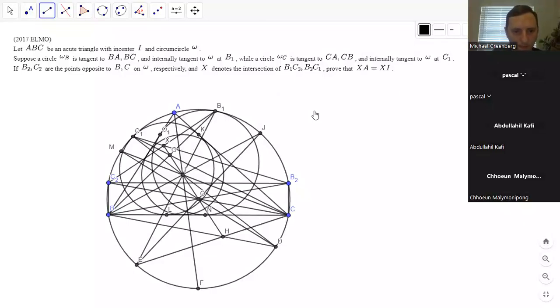So we have C1, C2B, and then B1, B2C. This would imply X, O, and G. So we can show X, O, and G are collinear.